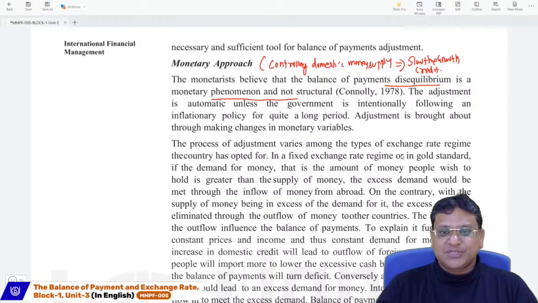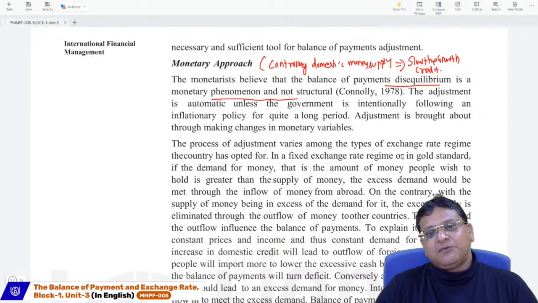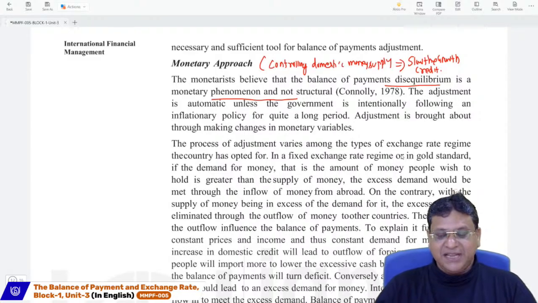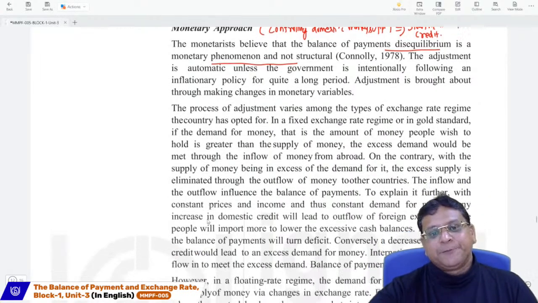And the monetarist approach tells that government should focus on controlling the domestic money supply to curb the effect of disequilibrium in BOP. Practically, throughout the world, monetary authorities and governments follow the essence of all three. That is known as the eclectic approach of managing deficit in BOP.